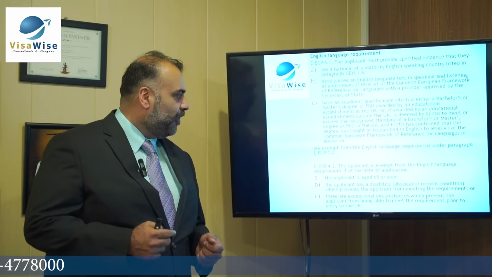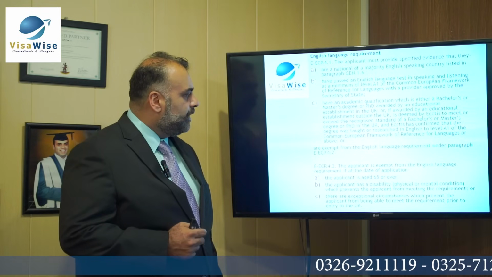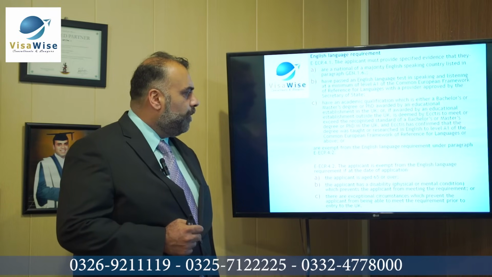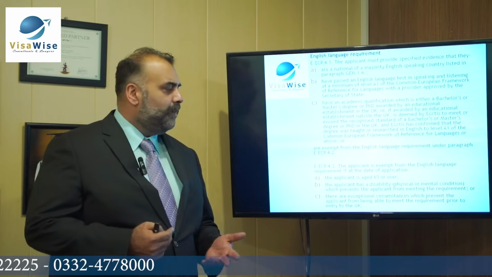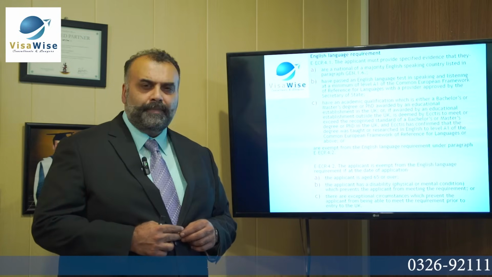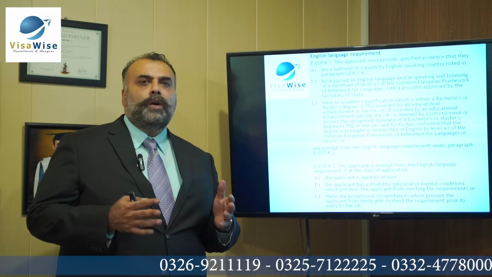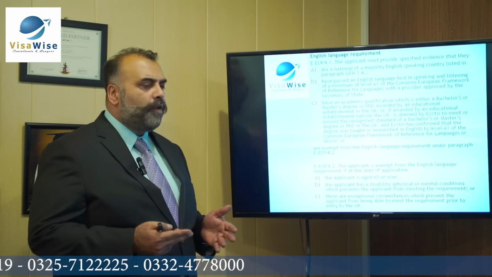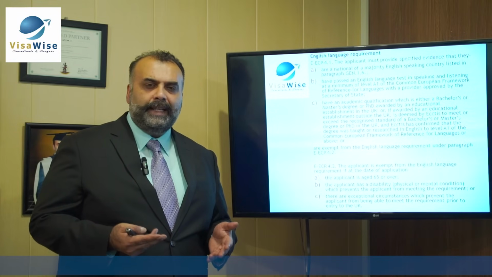Subsection B says that the applicant has a disability, physical or mental condition, which prevents the applicant from meeting the requirement. As you can see, it is self-explanatory. If you have a physical or mental condition which prevents you from taking the test, then you will have to establish through corroborating evidence what kind of mental or physical disability you have, which prevents you from taking the exam.